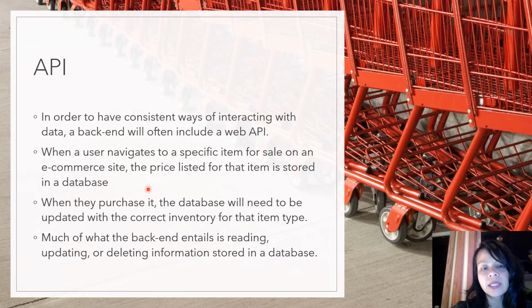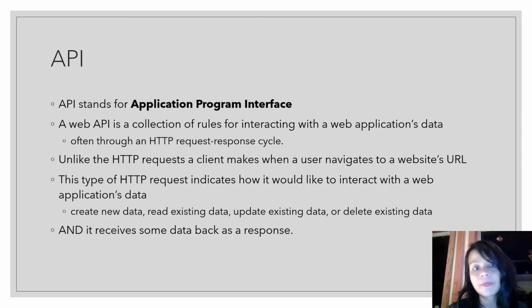So when they purchase it, the database will then need to be updated with the correct inventory for that item type. There'll be one less if the customer bought one, okay? So much of what the backend entails is reading, updating, deleting information stored in the database. It's not like you just store it in the database and you're done. There's all this stuff happening with that data, like reading it or updating it, changing it or deleting it, right?